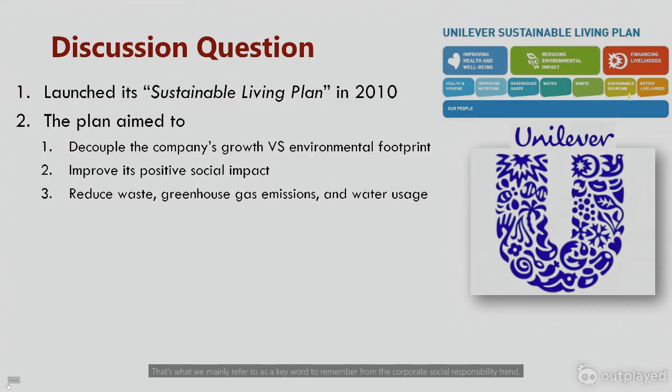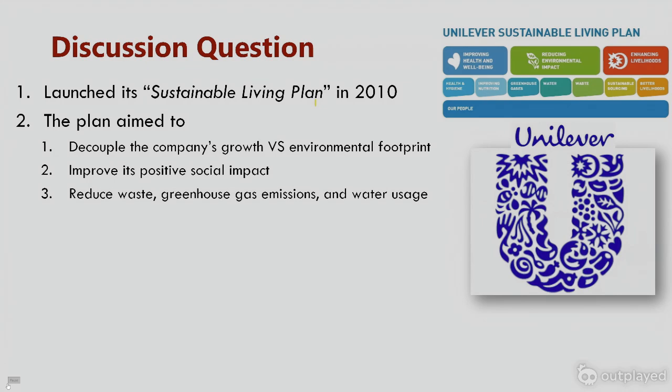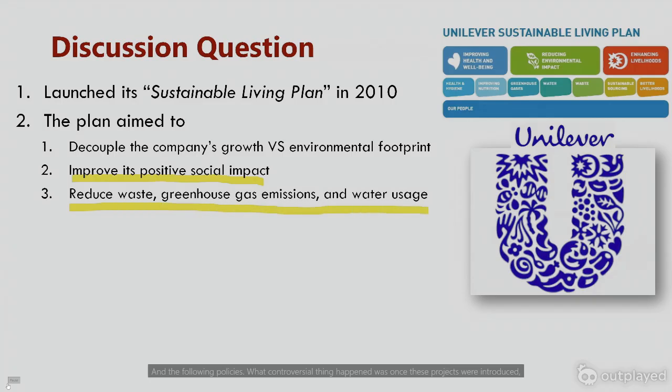That's the keyword to remember from the corporate social responsibility trend, right? And what Unilever tried to introduce in 2010 was what they called the Sustainable Living Plan. They wanted to improve the positive social impact and the following policies.